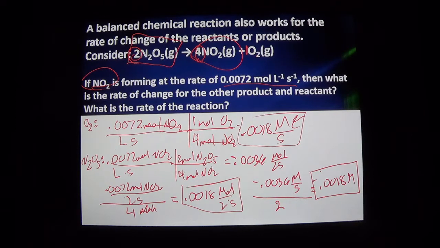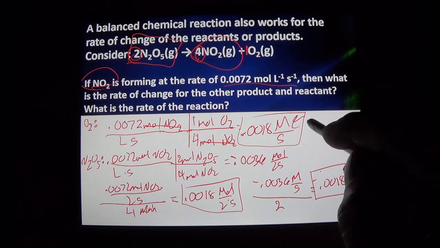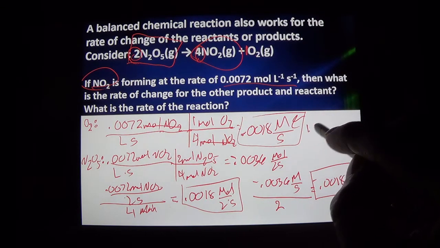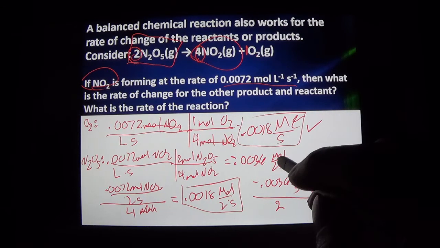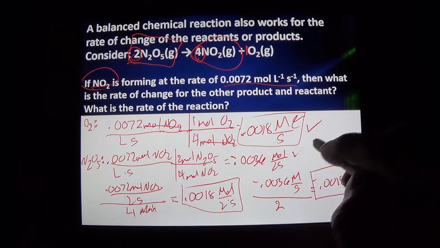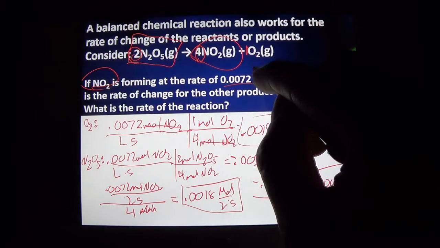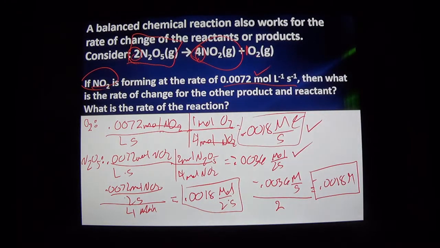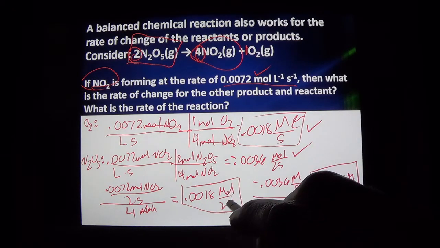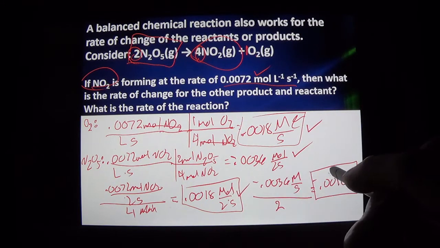So lots of ways we could express this. We expressed it as a per mole of oxygen. We expressed it as a per mole of dinitrogen pentoxide. We already had it as a per mole of nitrogen dioxide, and we can also express it as a per mole of reaction.